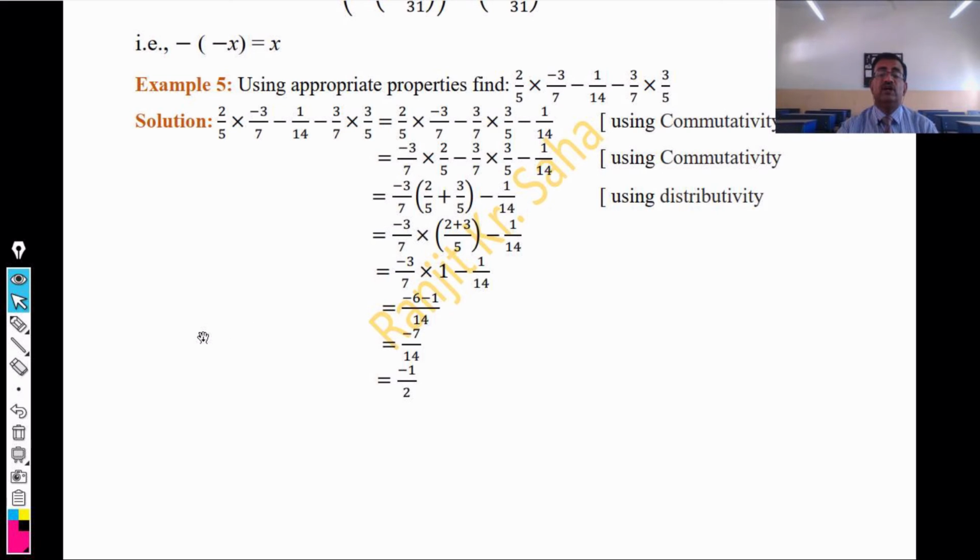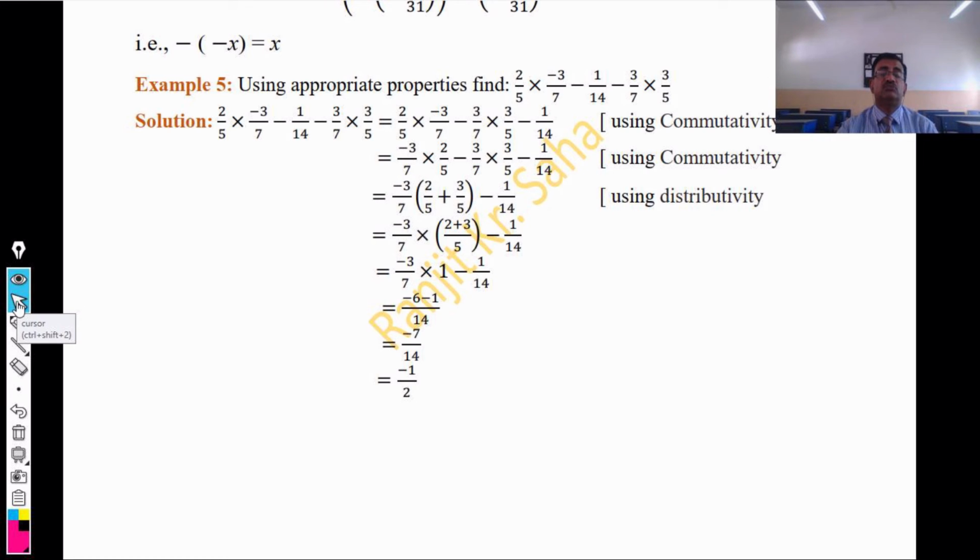You have to use the properties you have studied till now, that is, the commutative property, associative property, distributive property, like that. At least three properties you have to use here to solve.